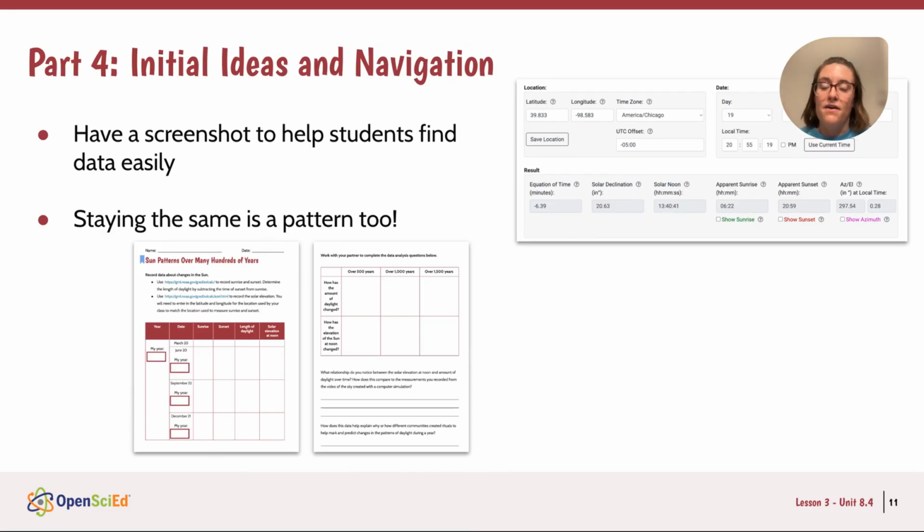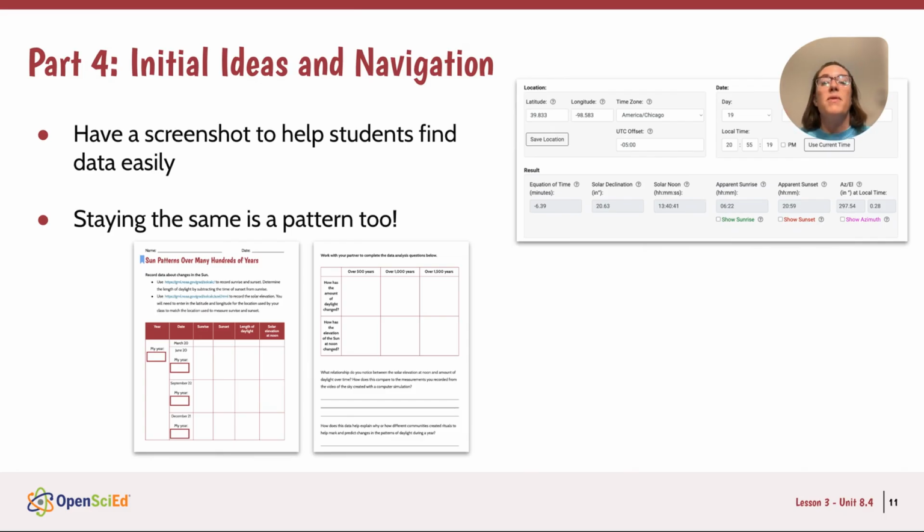Something that I have noticed is that when students get to the part where they're comparing what happened to those solar patterns over the course of 500 years, 1,000 years, they are looking to see, like, oh, the amount of sunlight is increasing, and pointing out we're looking at those annual patterns. We're not looking at what's happening just month to month.